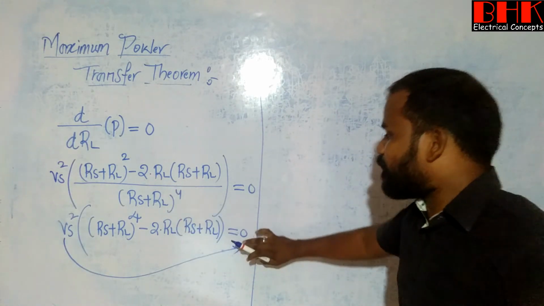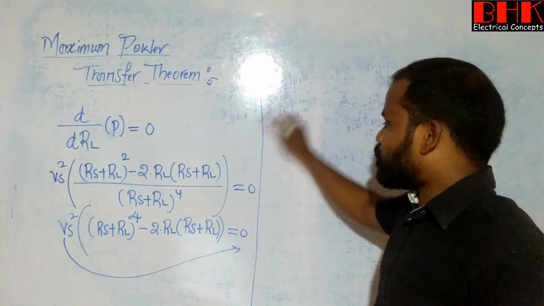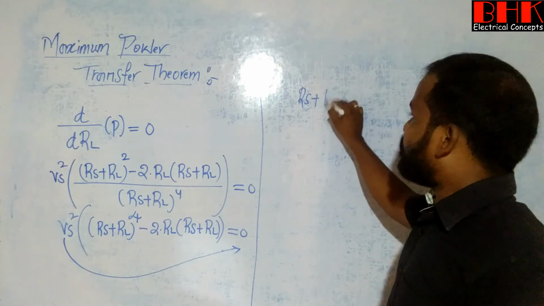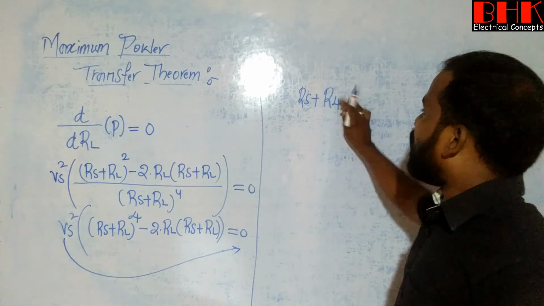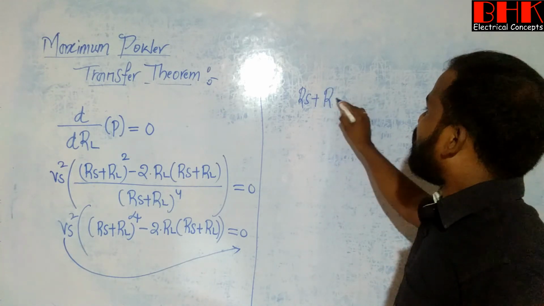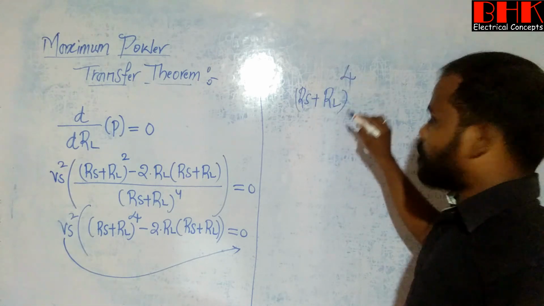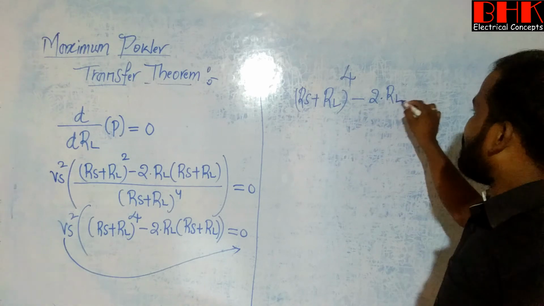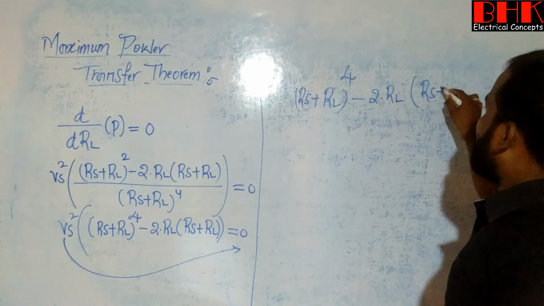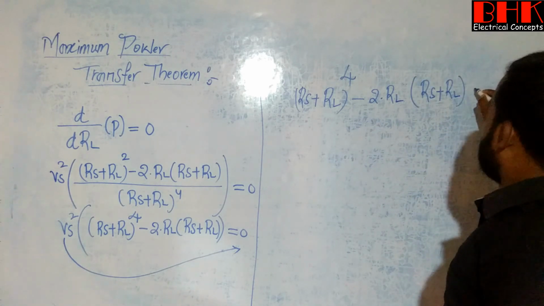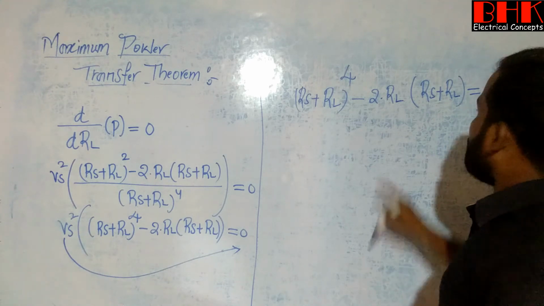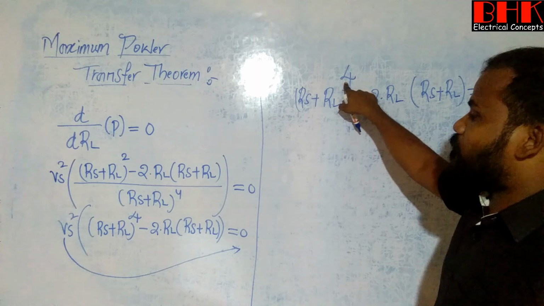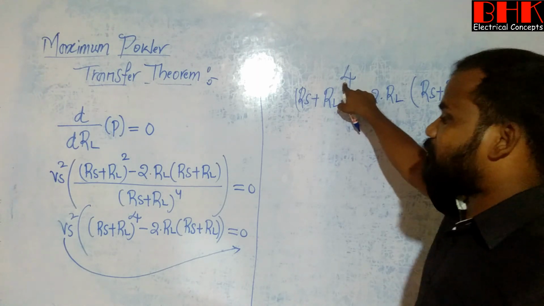So Rs plus RL whole power 4 minus 2 into RL into Rs plus RL is equal to 0. Clear?